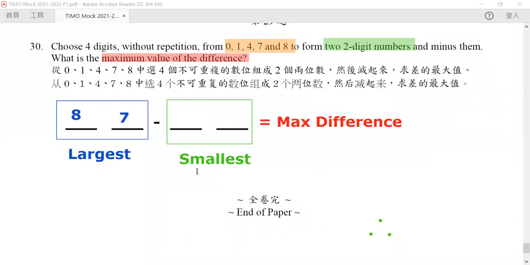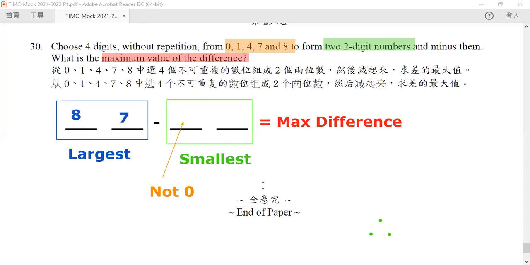For our smallest number, the first digit must be the smallest, but notice that here it cannot be 0. It cannot be 0.